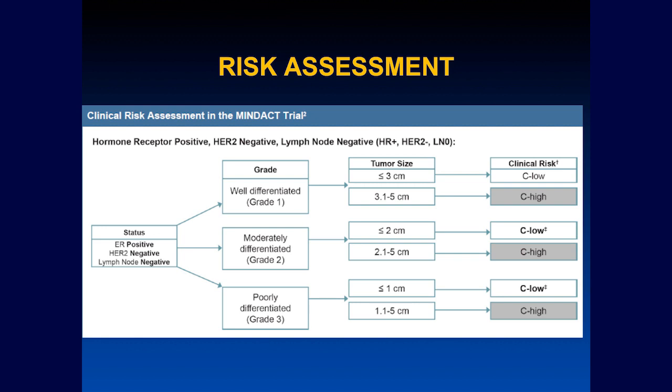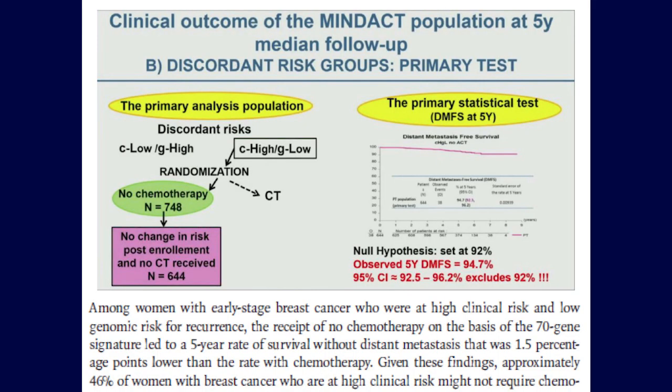So that's the 94.7%, the 5-year distant metastasis-free interval. This is another prospective validation of the 70 gene assay that looked at patients with breast cancer, which are T1, T2, N0, or N1.